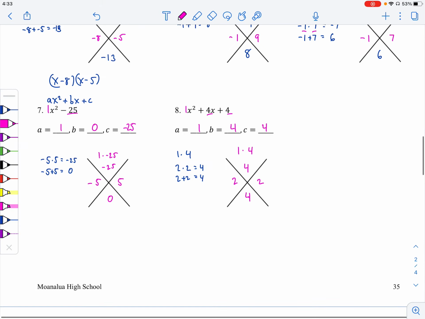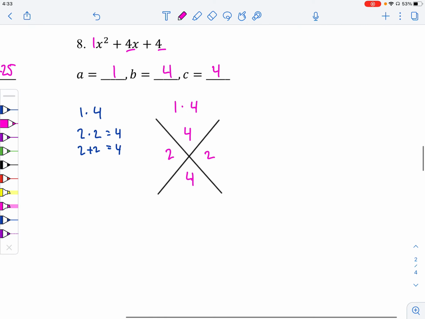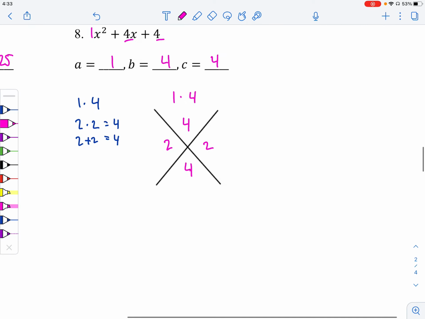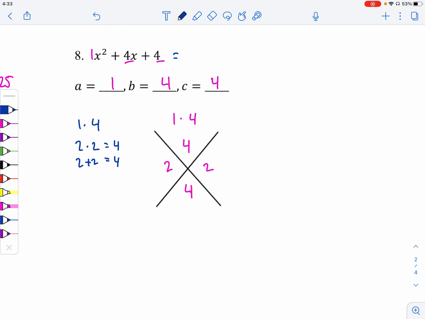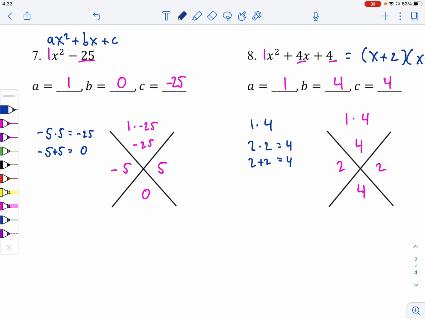For these ones, we want to get to where we can find those two factors, and then eventually these are going to be equal to two factors. This is going to be x plus 2, x plus 2, because 2 and 2. This one is going to be negative 5 and 5, so x minus 5, x plus 5.